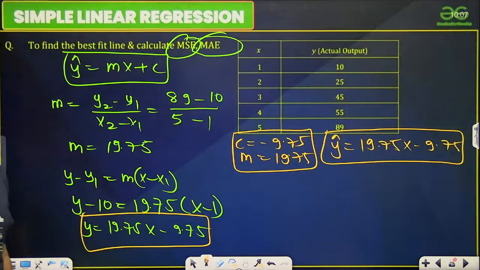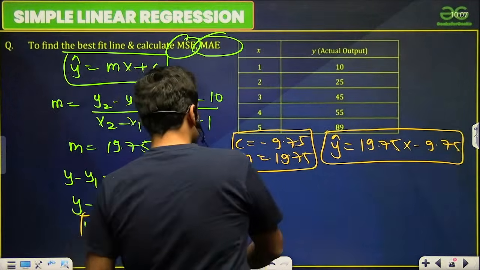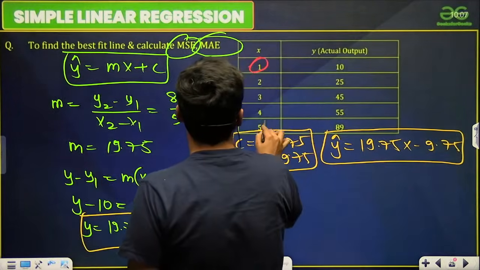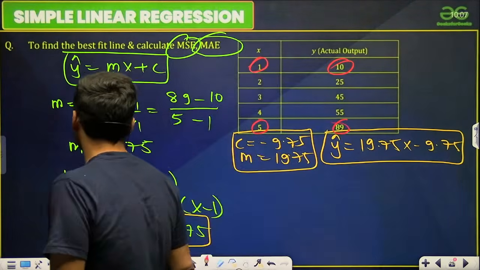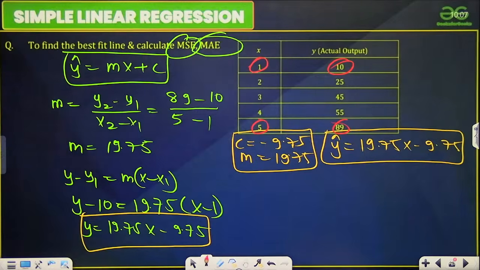To make it a rule, whenever you have to calculate, start with the first and the last point. There you should calculate the value of m, and after that we can calculate the value of c, and we can get y hat equals 19.75x minus 9.75, right? चलिए अब आपको क्या निकालना है?